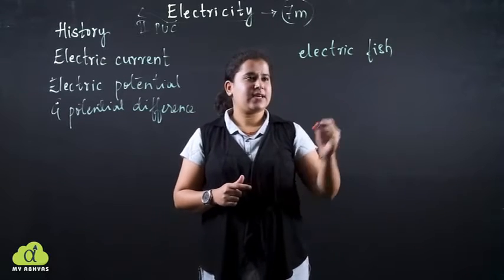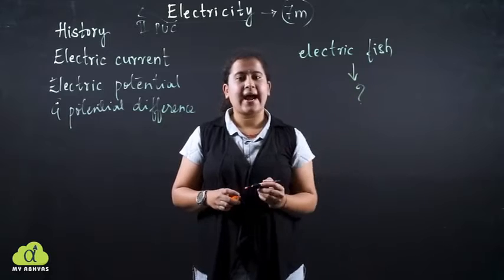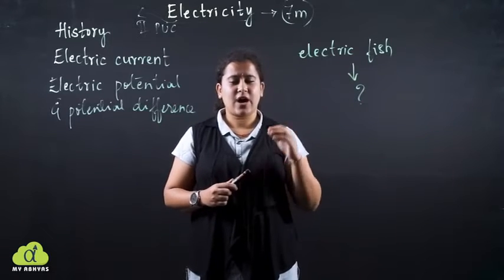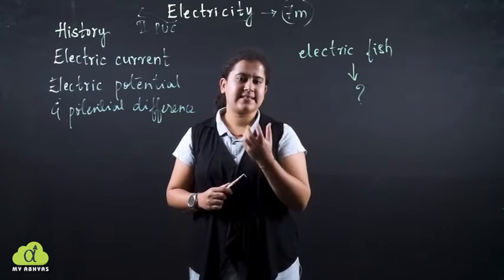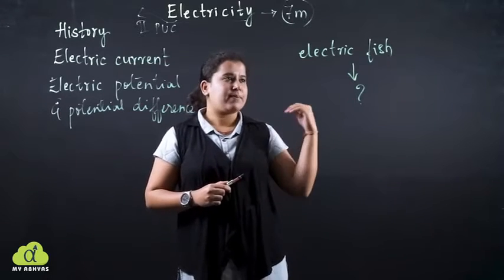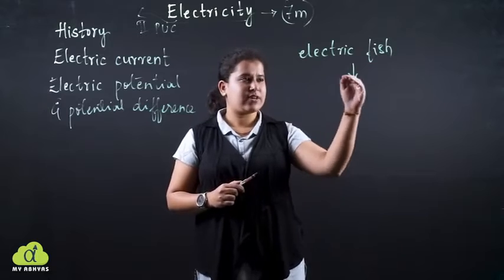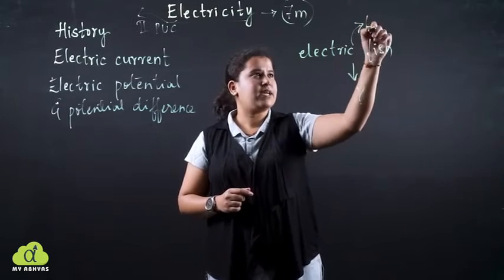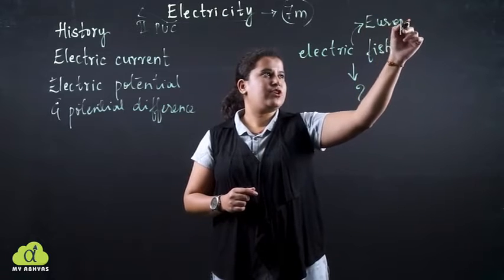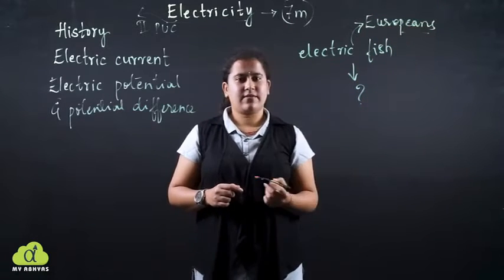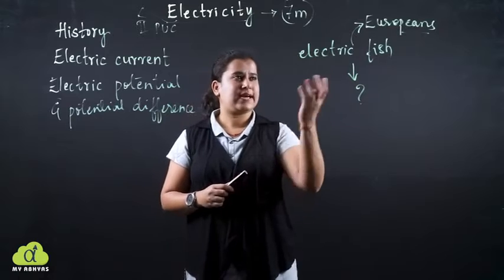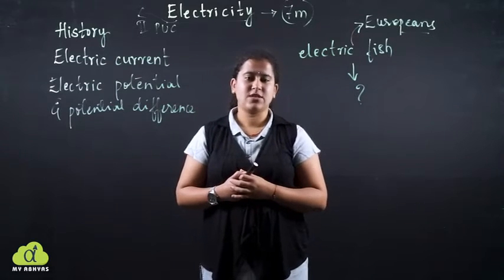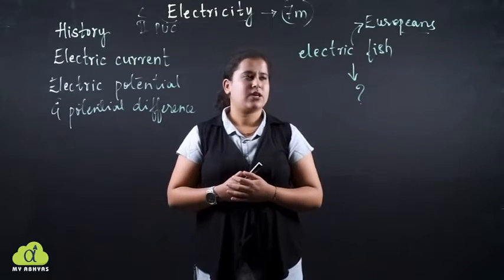They were very mesmerized, and also had a question how this electric fish has that type of power. This was actually noted by Europeans, who were very humbled to see that the electric fish has something which gives a human a shock.